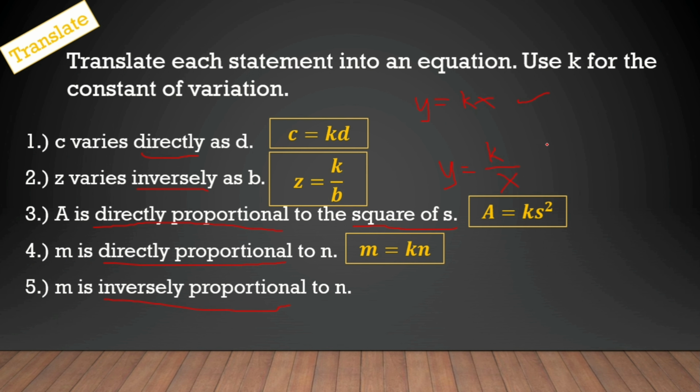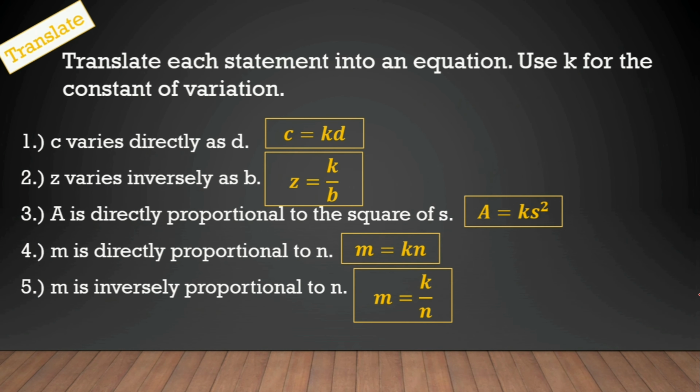So, inversely, yung sa inverse variation naman na formula ang susundan natin. So, unang minention dito is M is inversely proportional to N. So, ganyan po yung pag-translate ng statement into equation, wherein K is our constant of variation.